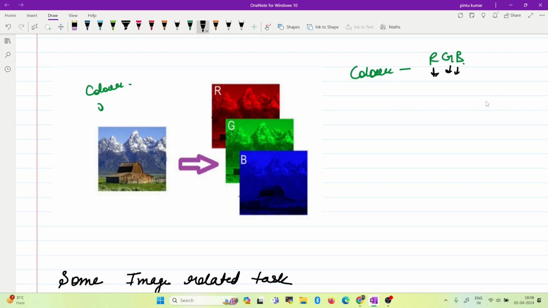How many colors you can create depends on the range of values of R, G, and B. If you vary R between 0 to 256, G from 0 to 256, and B similarly, then you can create 256 into 256 into 256 unique colors.